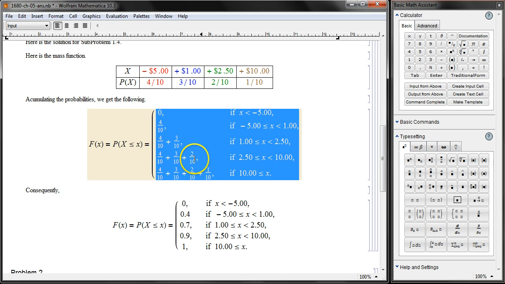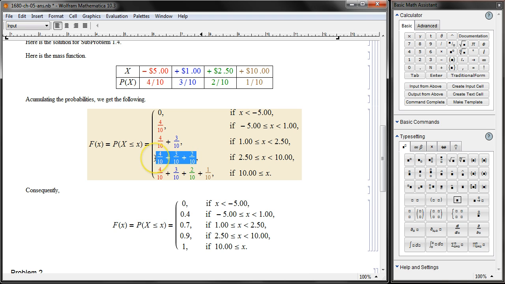Finally, at the last breaking point, you add this probability, and all of these add up to 1. So everything begins from 0 and ends at 1.